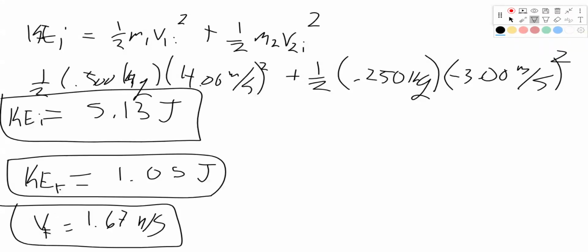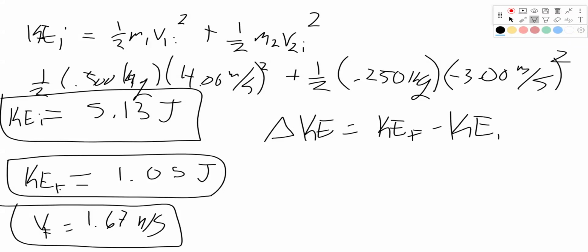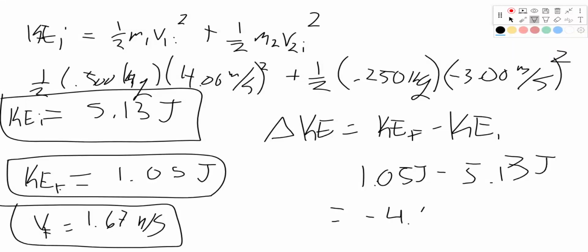So now we can take that original equation, change in kinetic energy is equal to kinetic energy final minus kinetic energy initial. So we can plug in those values, 1.05 joules minus 5.13 joules, which should come out to negative 4.08 joules.